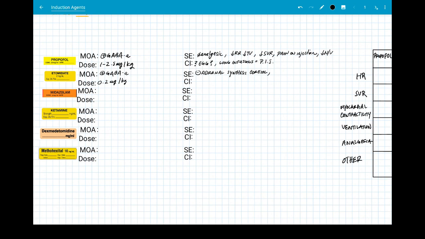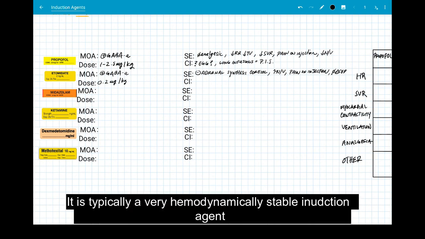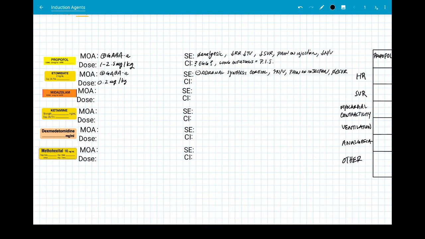Other effects, it actually increases nausea and vomiting. It's painful on injection. But it does not change your systemic vascular resistance much. In fact, sometimes your blood pressure may go up with it. And it is a sedative, so it will decrease your minute ventilation.